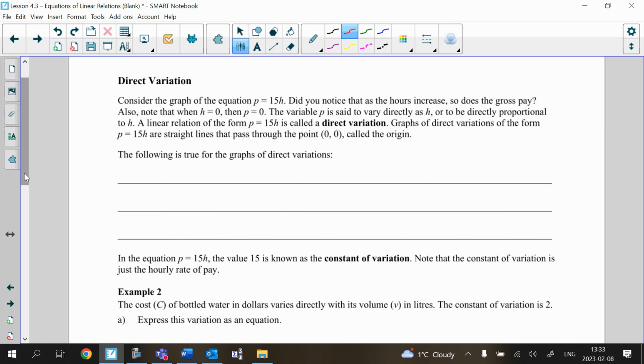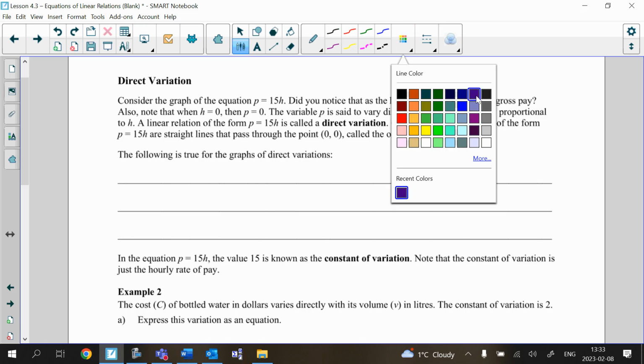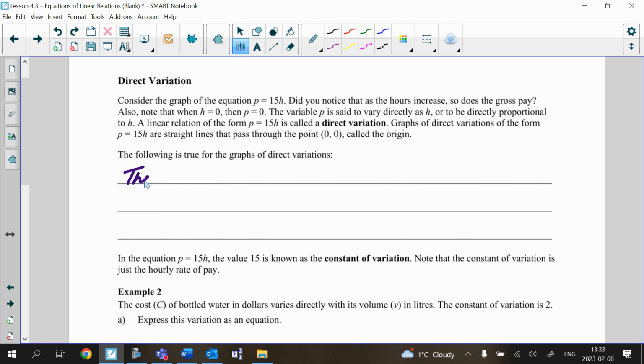So these are the characteristics. The graph is a straight line because it's linear. It has to be a straight line. The line passes through 0, 0.